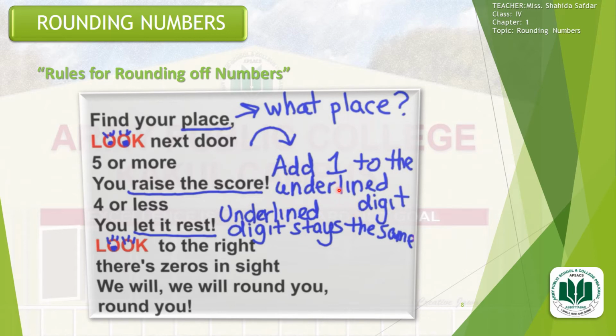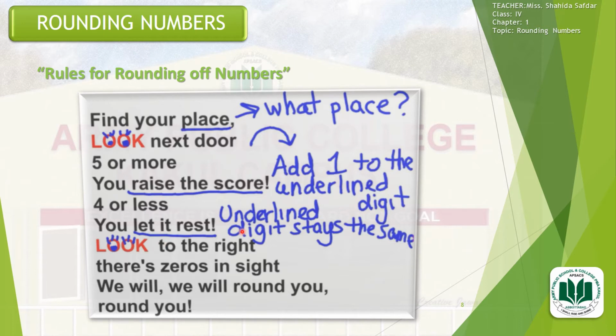The underlined digit is at the place to which we have to round off. Next, 4 or less, you let it rest. If the digit next door is 4 or less, then we keep our underlined digit the same.